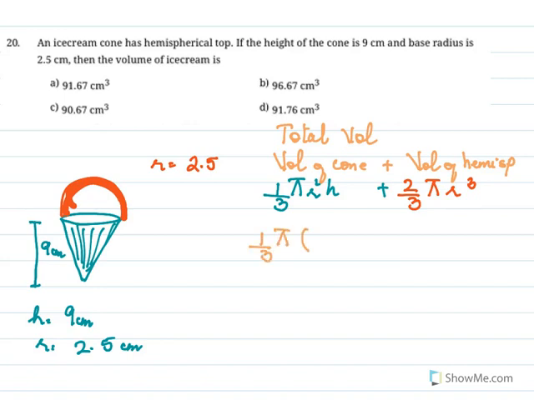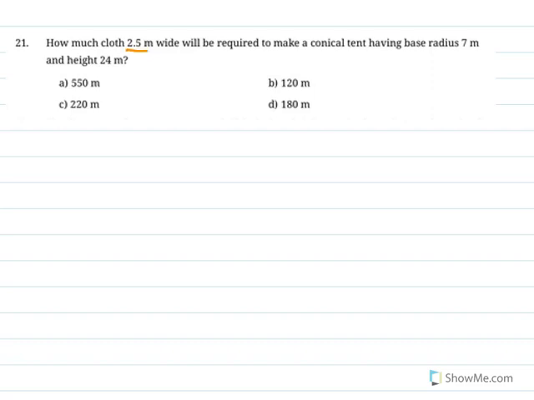So we have 1 by 3 pi, your r is 2.5 square, your h is 9 given to us, then 2 by 3 pi, we know r is 2.5 the whole cube. And then solving this, you will get 91.67 centimeter cube.